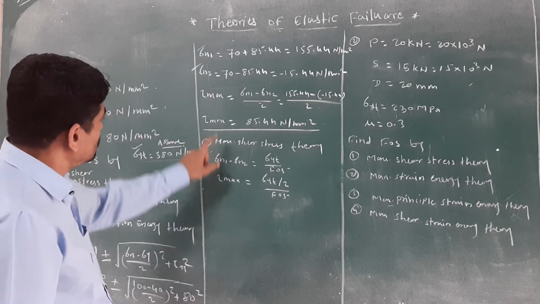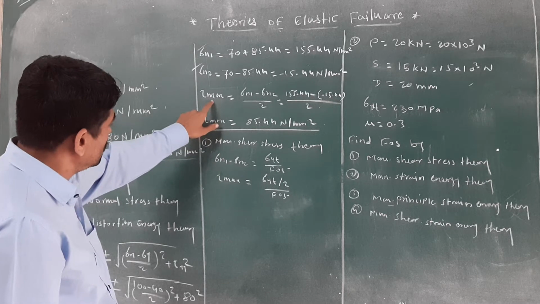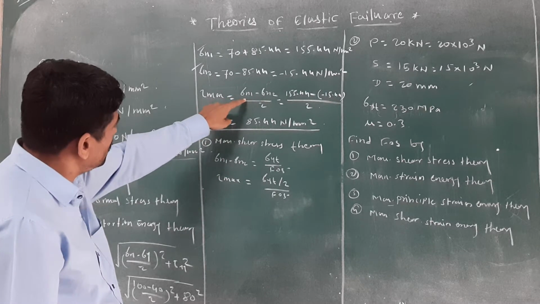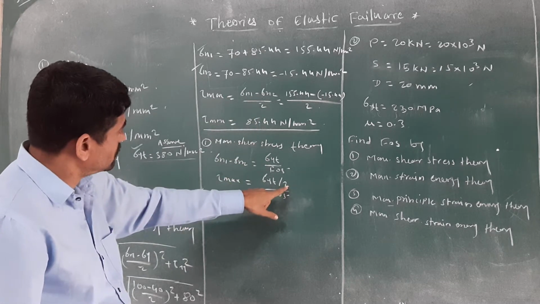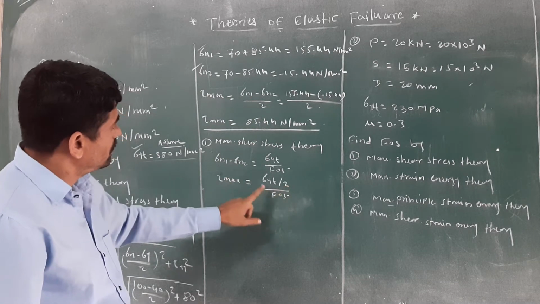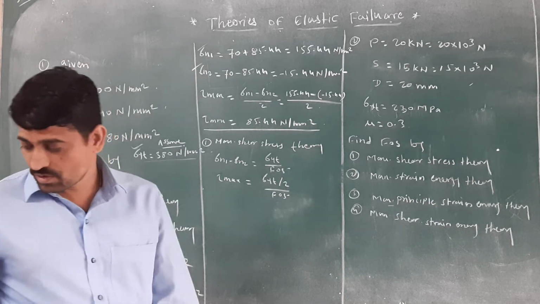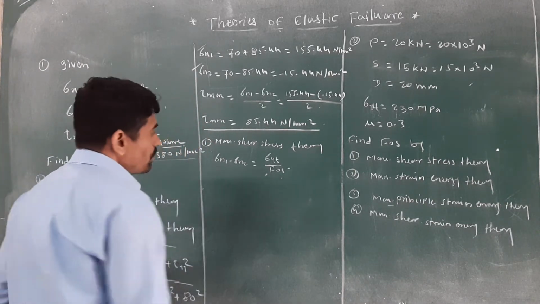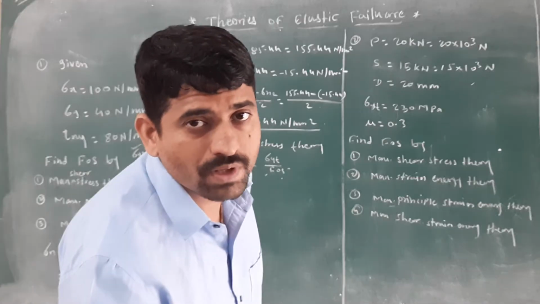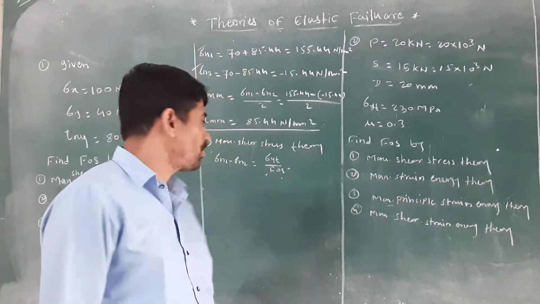What is the tau max here? Check that. I have written the same. Tau max means sigma n1 minus sigma n2 divided by 2. I have shifted that 2 to the other side. Then you will get the same formula. Don't confuse. Different books have given different formulas. You should remember any one formula.